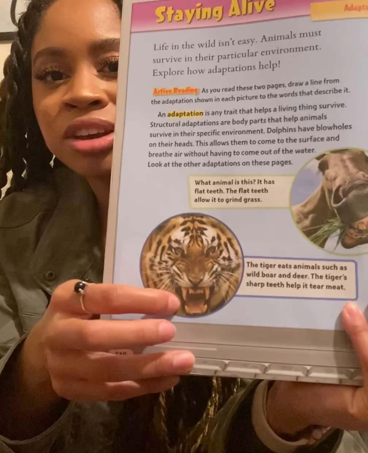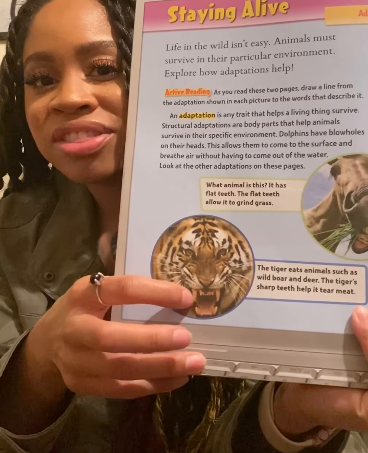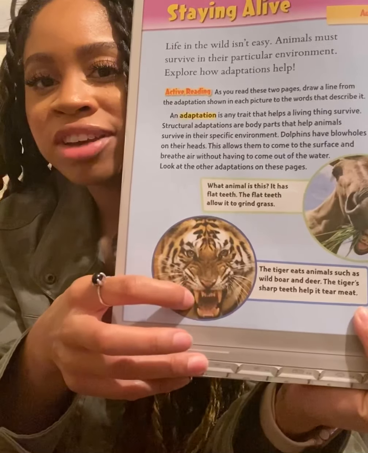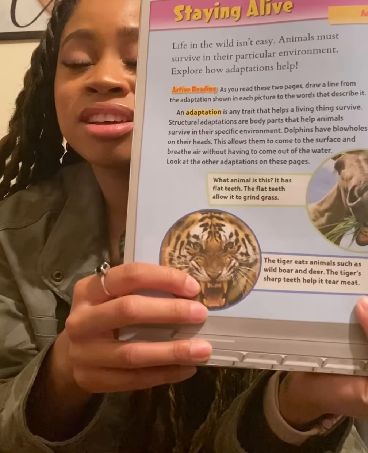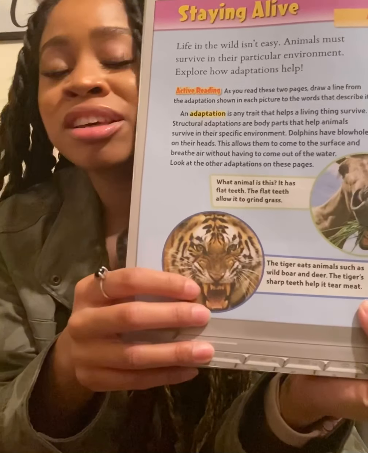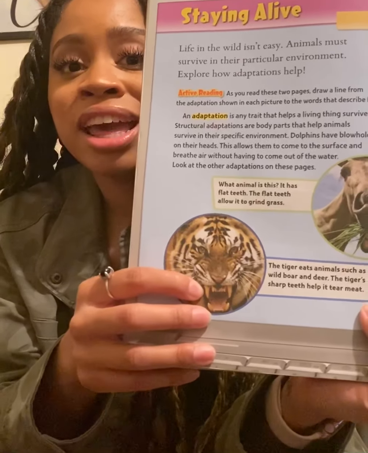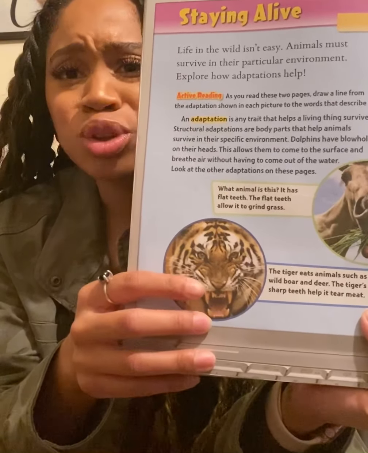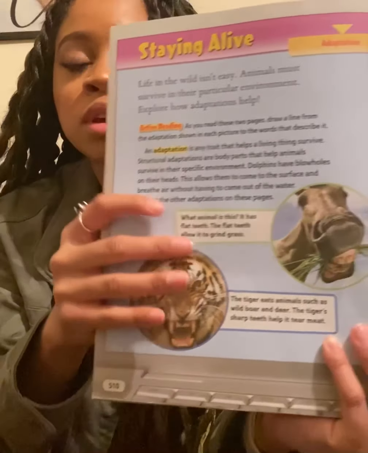We see that this tiger has these very sharp teeth, and then you see that these two right here are very long, okay? These teeth are considered an adaptation. They help this tiger survive, okay? Because these sharp teeth make it easier for this tiger to catch its prey and to be able to grind the meat that it eats, okay?